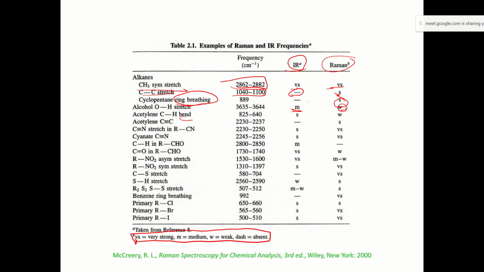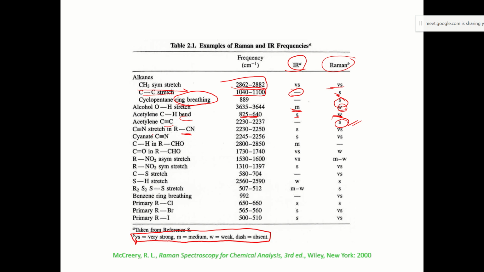CH bending mode in acetylene at this particular frequency, strongly active in IR and weakly active in Raman. Acetylene CC bond, again you can expect to be C triple bond C, strongly active in Raman. So intensity will be high.